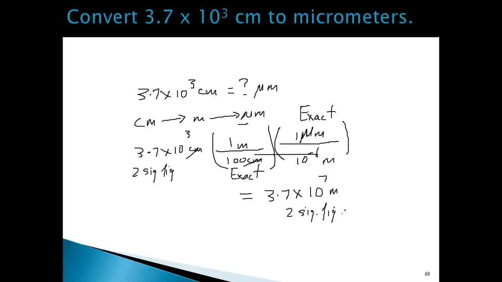Alright, so that's the final answer, 3.7 times 10 to the 7 meters. Alright, okay, so that's how we do that. So the point here is that in some cases you may have to use more than 1 conversion factor in series in order to convert from your given value to the required value in the required units.